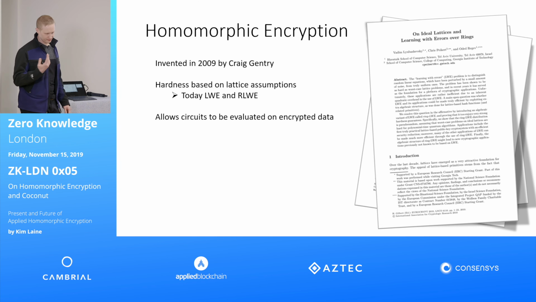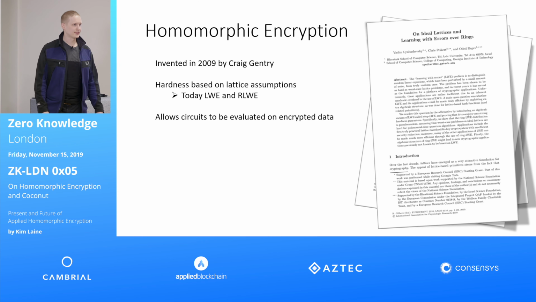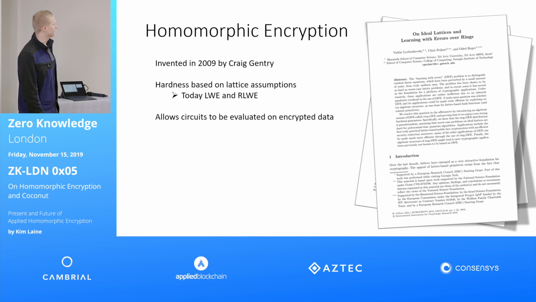And somehow miraculously, what this still allows us to do is evaluate circuits. These could be either Boolean circuits or arithmetic circuits over encrypted data. So basically, you can evaluate polynomials on the encrypted data, and the result remains encrypted.